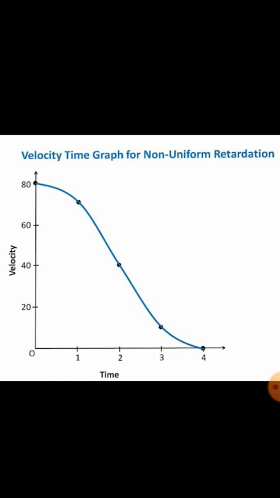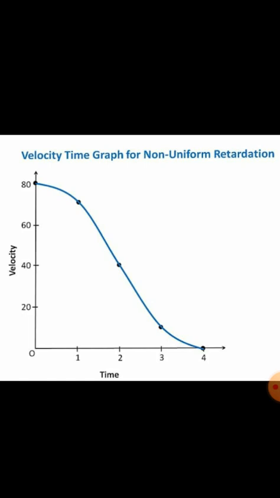So here the velocity is decreasing. The initial velocity u is more than the final velocity v. So here it is retardation, and also the velocity is not changing by equal amounts. It is changing by unequal amounts. You have non-uniform retardation here.